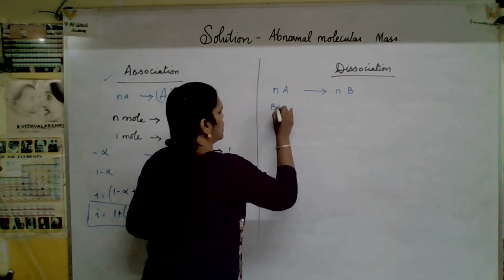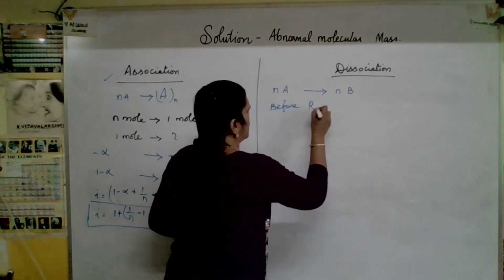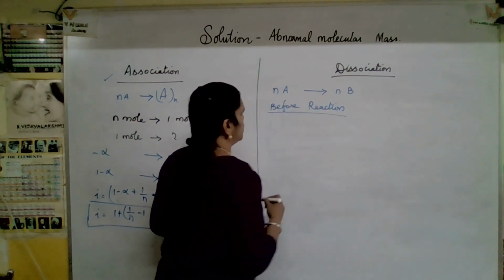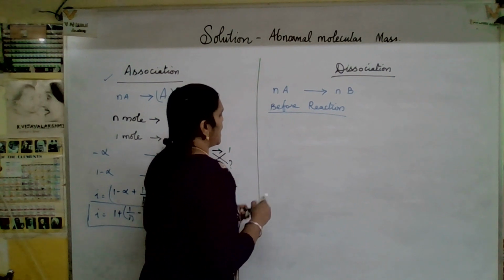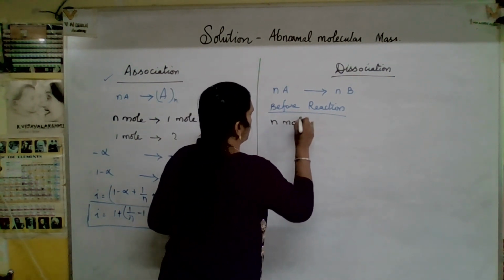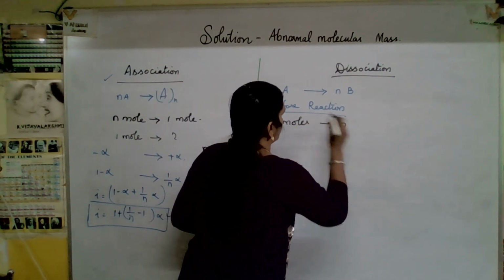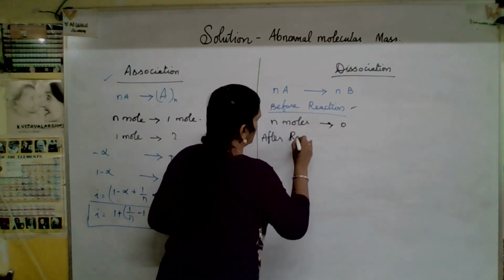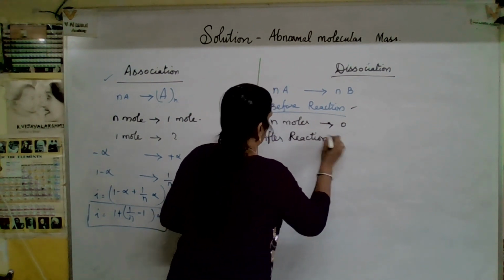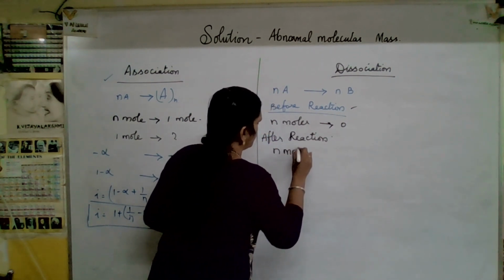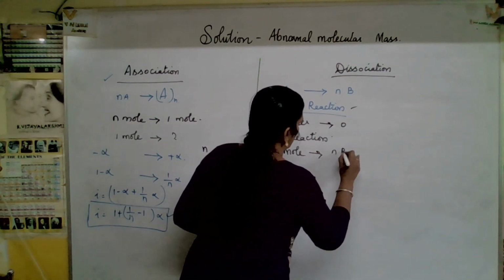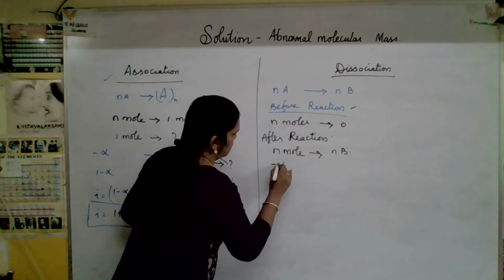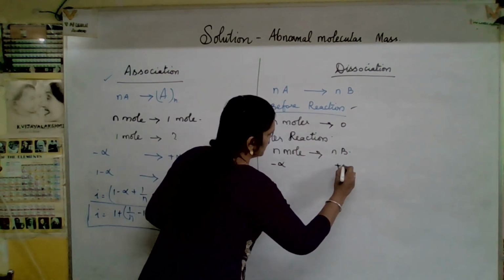Before the reaction, we have A, and n moles of B are 0. After the reaction, A gives n moles of B. So for the degree of dissociation, here it is minus alpha, here plus alpha.